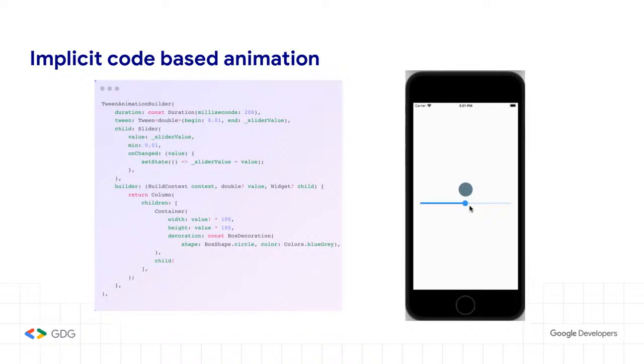And every time the slider changes, the TweenAnimationBuilder will rebuild the slider. The builder here will accept a BuildContext, a double value, that is the value that was changed during the sliding, and also a child widget, which is the slider. So every time the value is changed, the slider will rebuild itself.